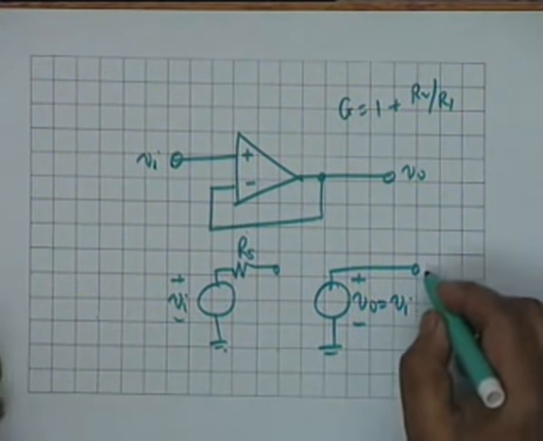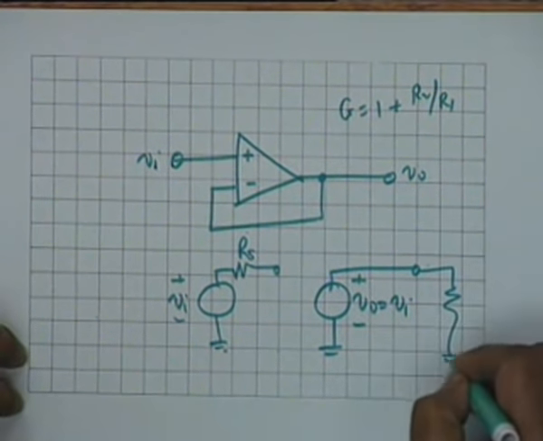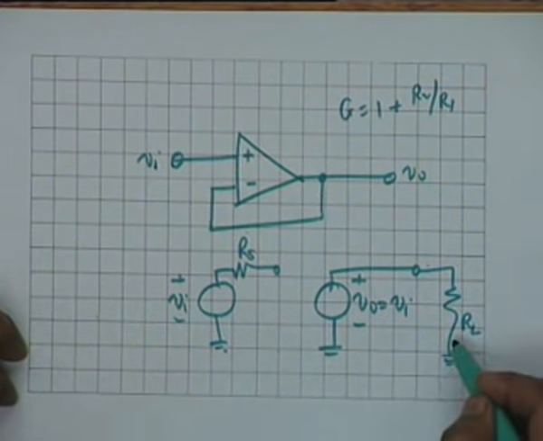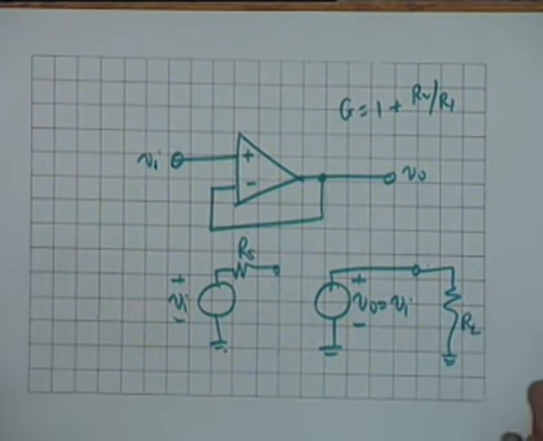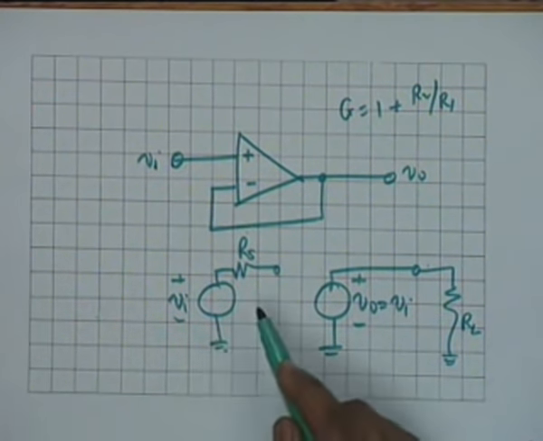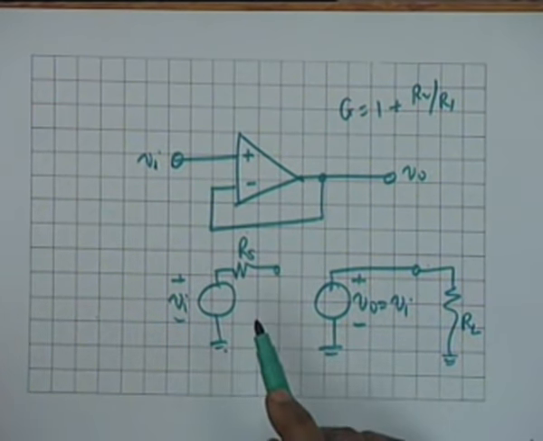Now if I connect a load here, RL, then the current in the load would be Vi divided by RL. On the other hand, if I had connected it directly here, the current would have been Vi divided by Rs plus RL.